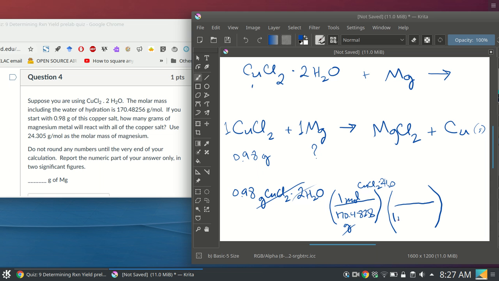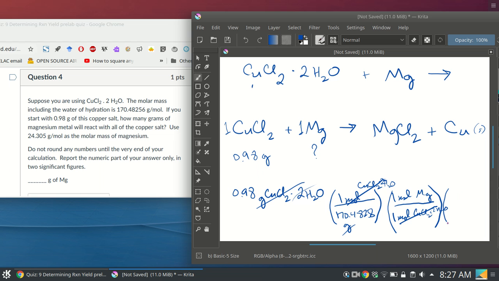So 1 mole of copper 2 chloride dihydrate requires 1 mole of magnesium, right? 1 mole to 1 mole. So the 1 mole of copper 2 chloride dihydrate cancels out. Now I have 1 mole of magnesium. All the units are canceled out except for moles of magnesium. Is that what I want? It says how many grams of magnesium.